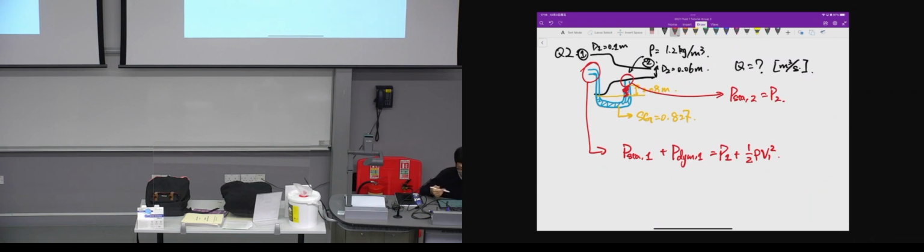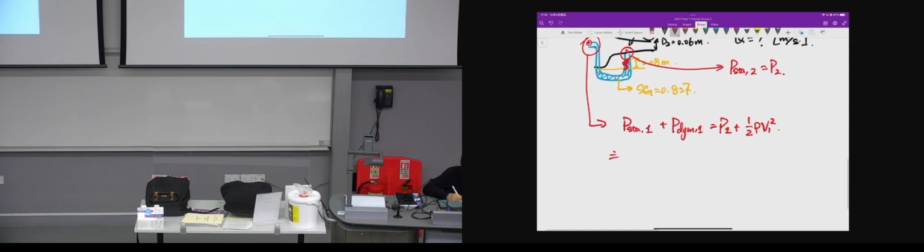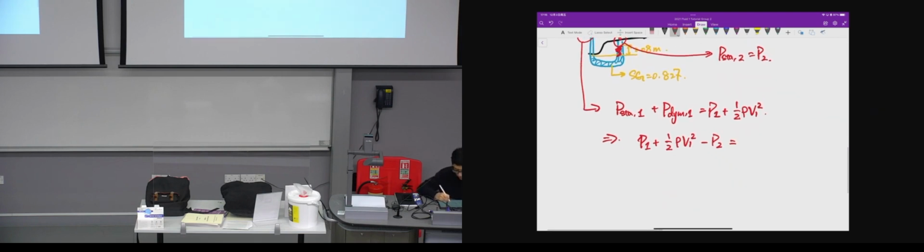This indicates the pressure difference between the 2 ends of the manometer. This gives us P1 plus half rho V1 squared minus P2 should be equal to rho g delta h.